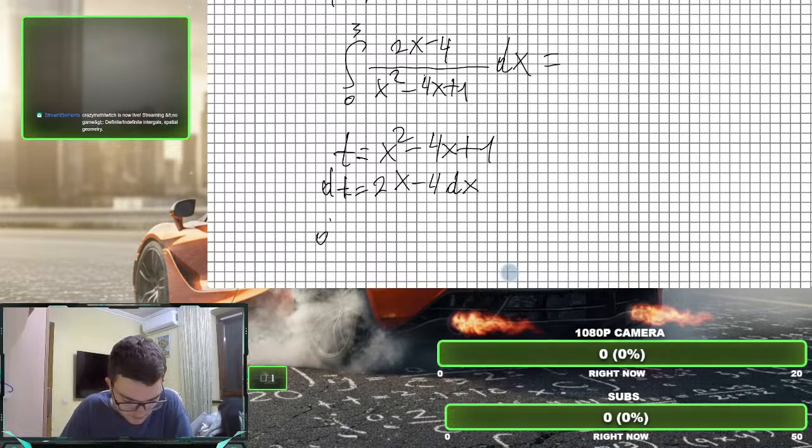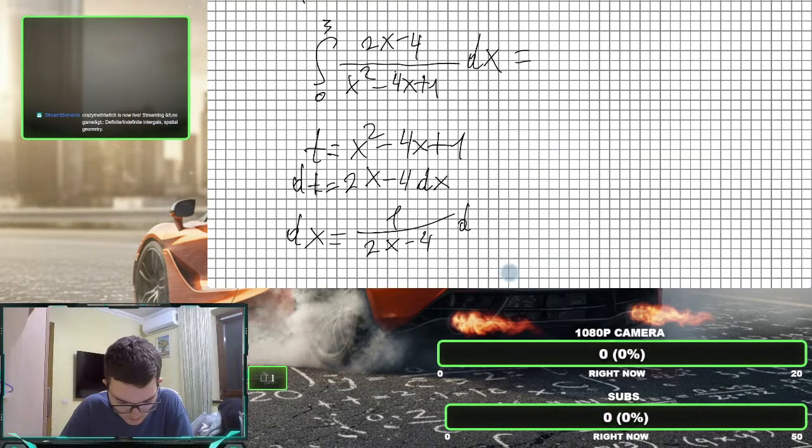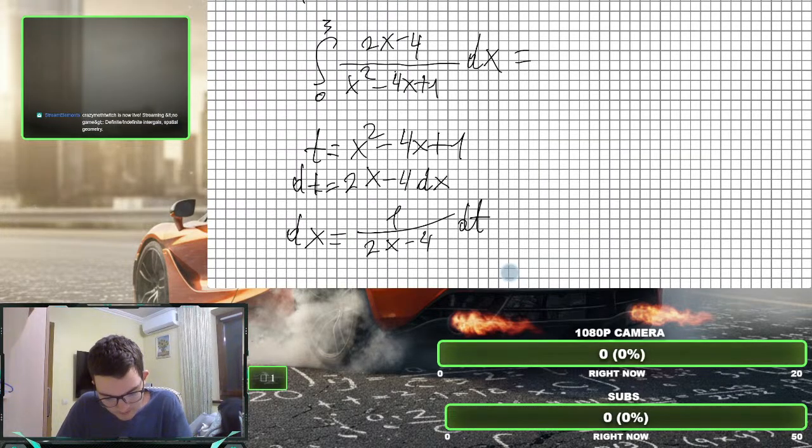Now dx will be all of this divided by 1, right? So it's going to be 1 divided by 2x minus 4 dt. And so you can see now that it will be pretty self-explanatory to simplify and stuff.